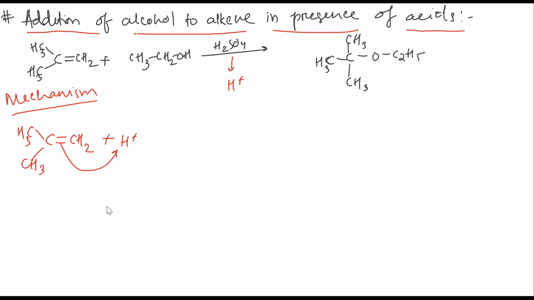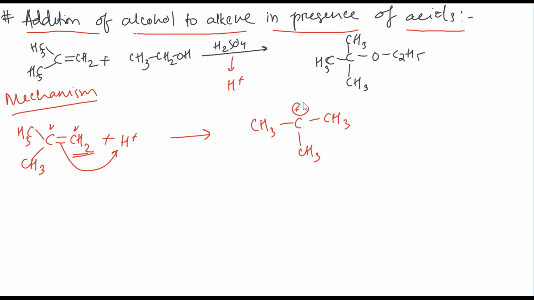If there is attack of double bond to H plus, there are two chances: the H plus will be attached to this carbon or the H plus will be attached to this carbon. So according to Markovnikov's rule, the H plus will be attached to this carbon, which has the smaller number of hydrogens. So there will be formation of tertiary carbocation.